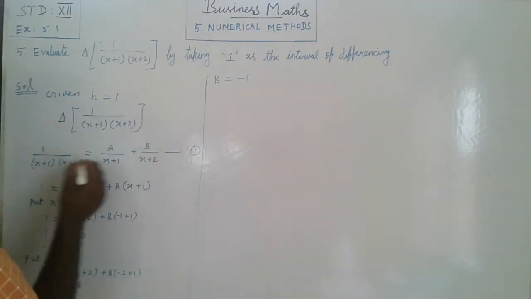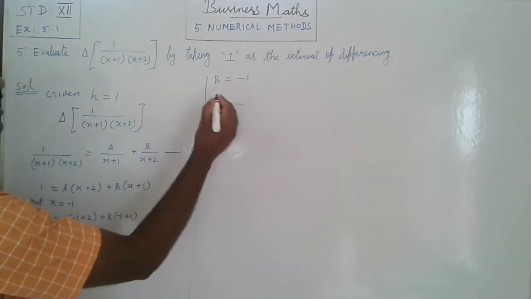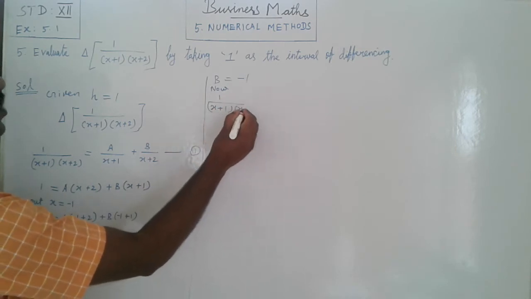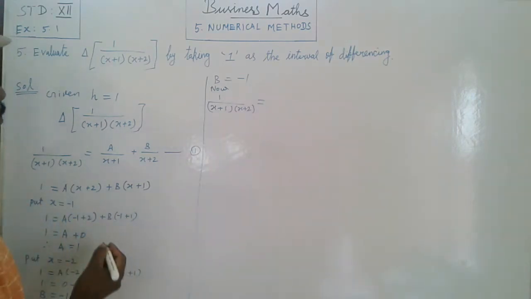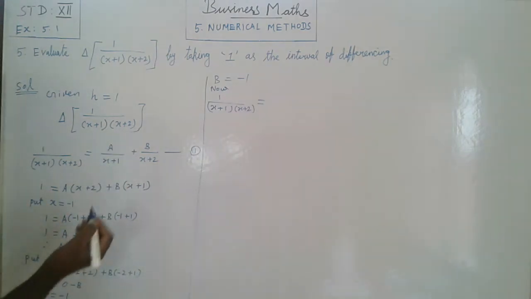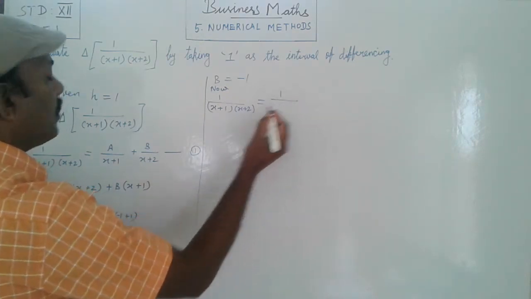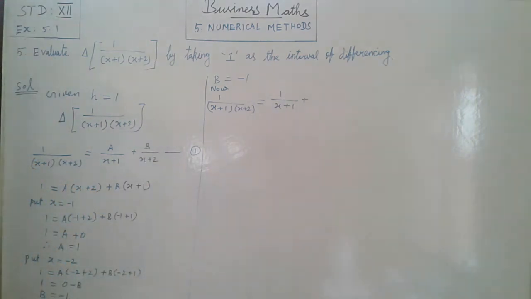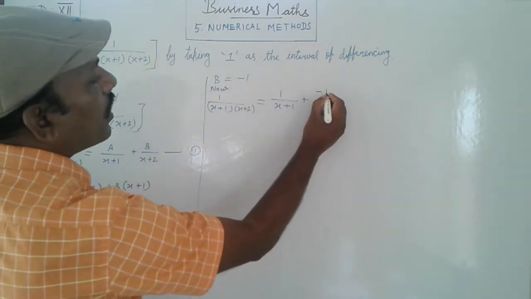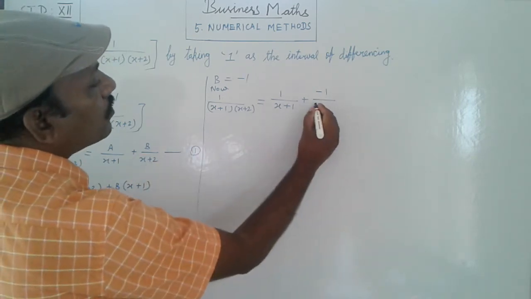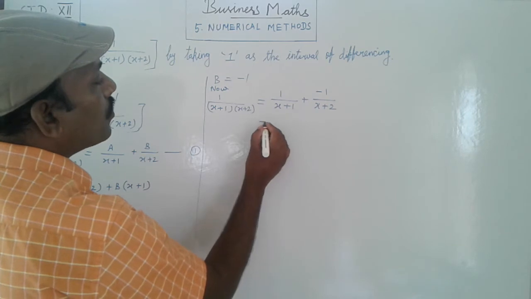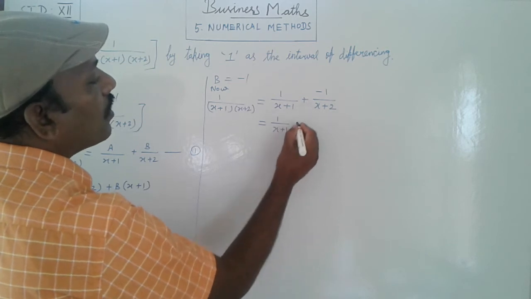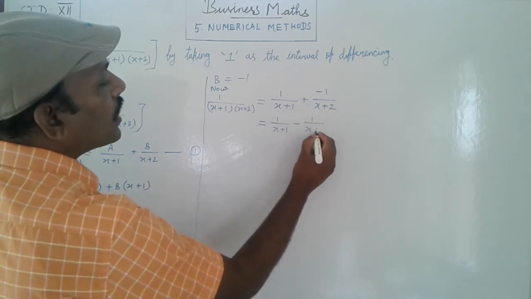So substitute these values: 1 divided by (x plus 1)(x plus 2) equal to a, which is 1, divided by x plus 1, plus b, which is minus 1, divided by x plus 2. Plus into minus is a minus. So it equals 1 divided by x plus 1 minus 1 divided by x plus 2.